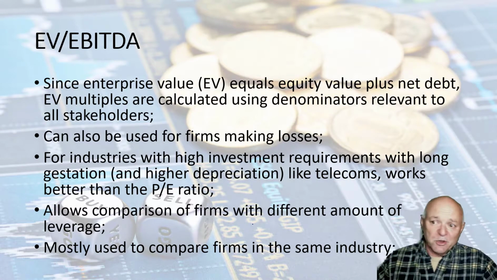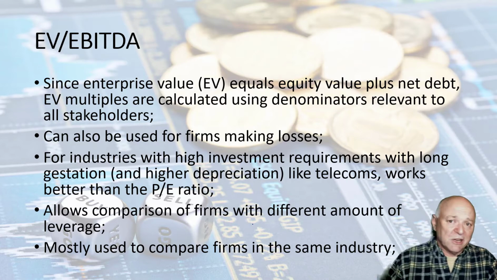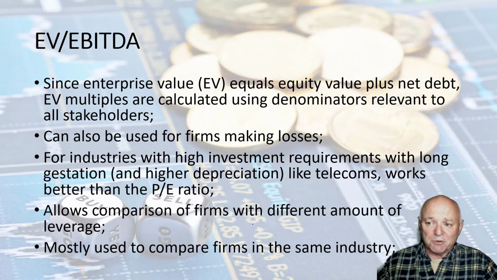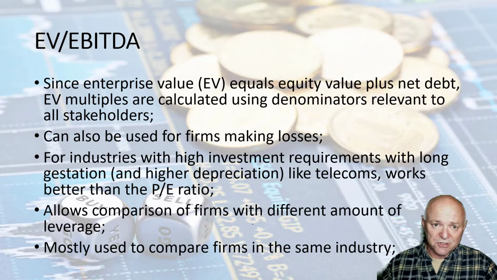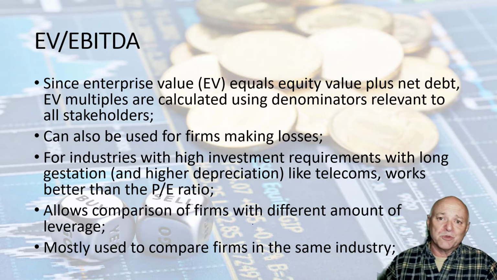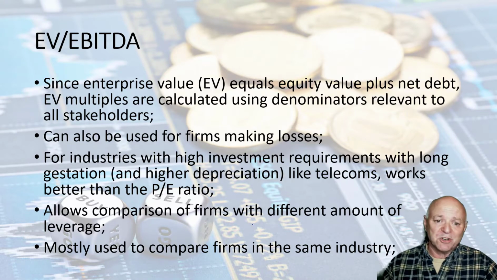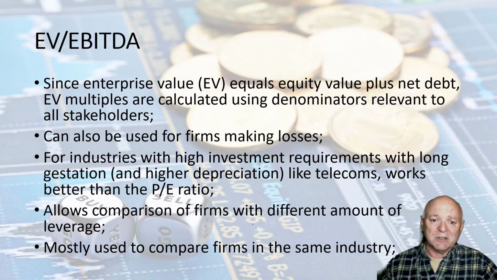Because the enterprise value equals all of the equity values for common and preferred, plus the debt, EV multiples are calculated using denominators that are going to be relevant to all the stakeholders. So we're not just looking at the returns to the equity, we're looking at the returns to everybody. And that's where EBITDA is used in the denominator.